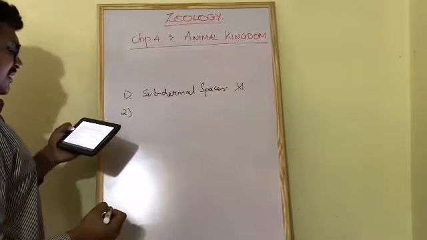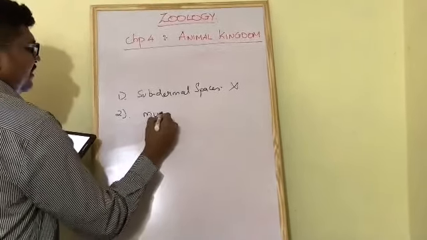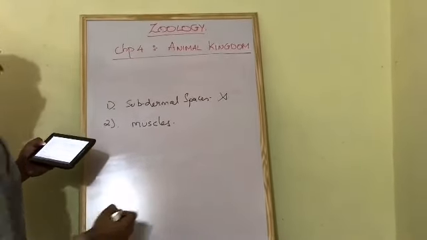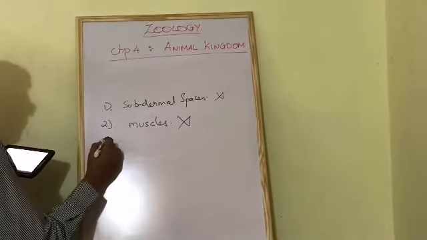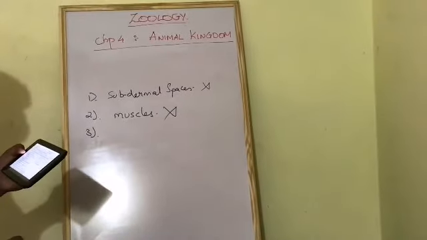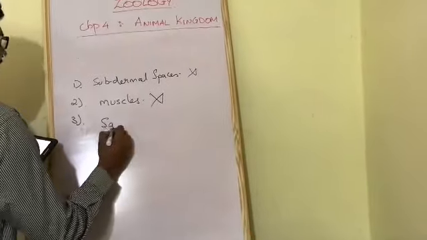Option number 2 says muscles of Culex. Now Culex is a mosquito, I hope you know, and Wuchereria bancrofti does not live in the muscles of any animal. So option number 2 of question number 9 is ruled out. Next is option number 3, which says salivary glands of Culex.